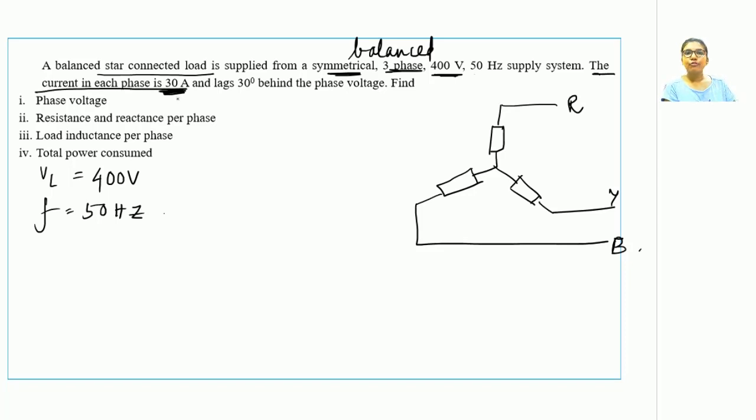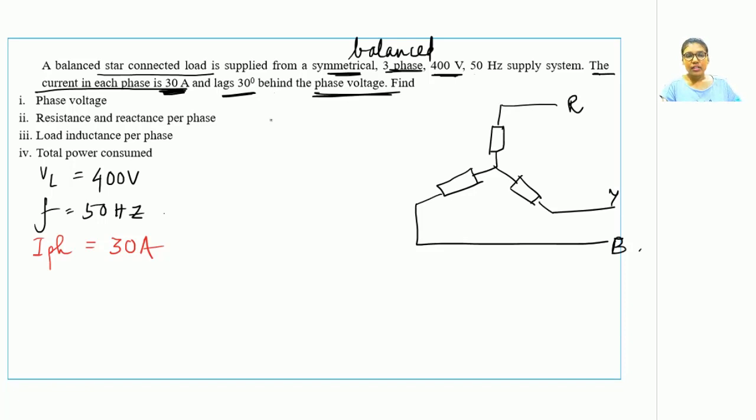Now what do we infer from here? The current in each phase is 30 amps. It means the phase current value is given to us, which is 30 amps. And that current lags 30 degree behind the phase voltage. I'm repeating that once again. That current, that means the phase current, lags 30 degree behind the phase voltage.